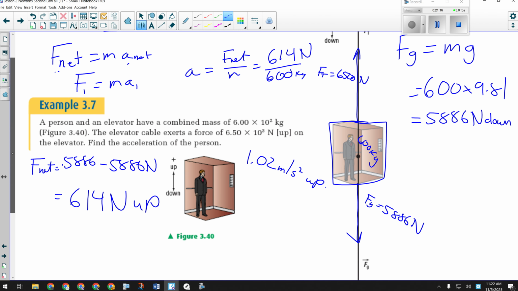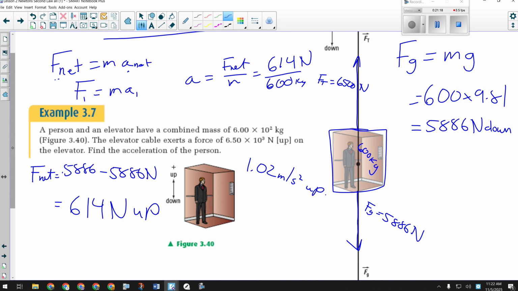Calculate for me what the acceleration of this system would be if the force upwards is now 5,000 newtons.